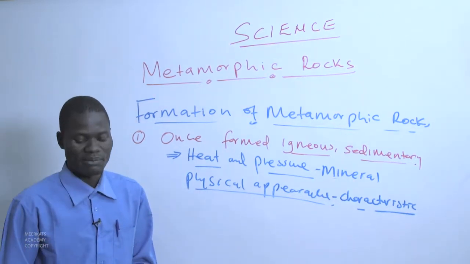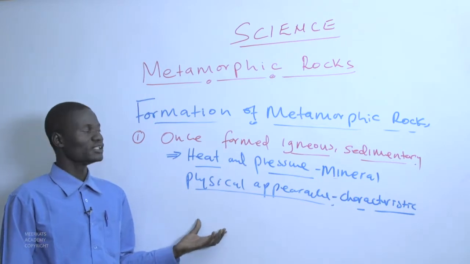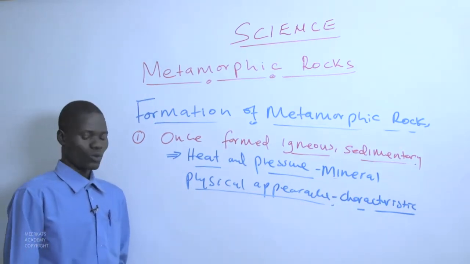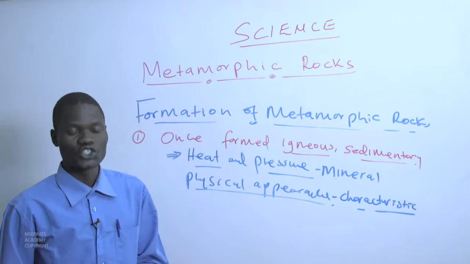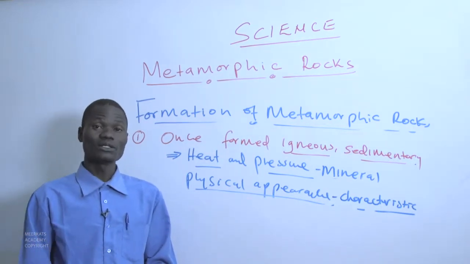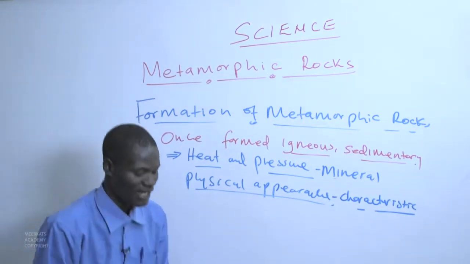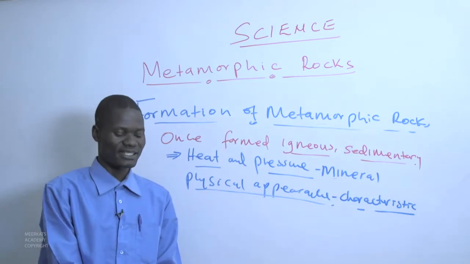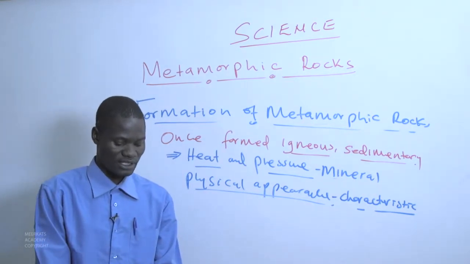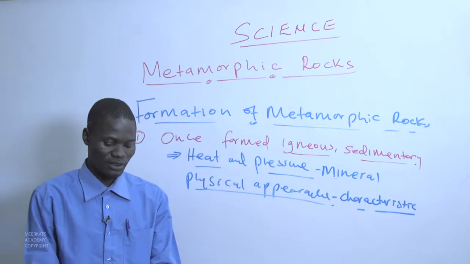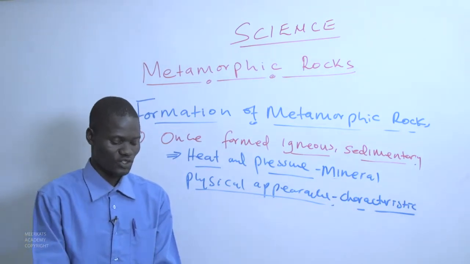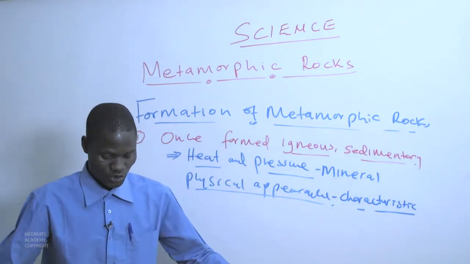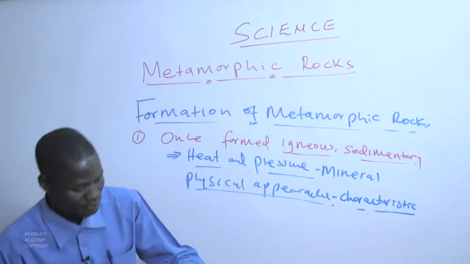When these rocks have been metamorphosed, they are going to change. How or what happened during the process? We will look into the chart, and then we'll be able to understand how this is formed. Let us quickly look into our chart so that we'll be able to understand.